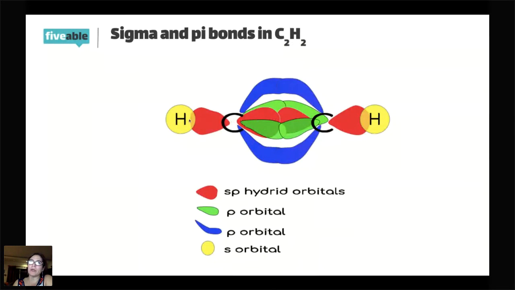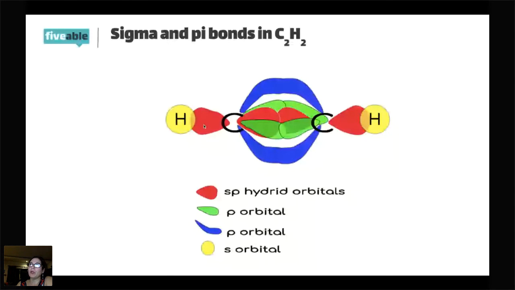Now, what about this one? Will this be sigma or pi? This one right here, the overlap between carbon and hydrogen. Sigma again, correct, because again, it's on the same axis as the atoms. So we have sigma, sigma, and sigma.